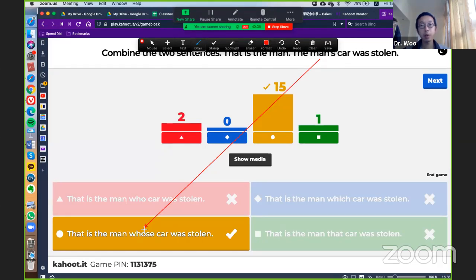So this is a case where we see whose, because whose means the man's. And we see whose right next to the man. So we know that whose refers to the man, possessive. The man's car was stolen.